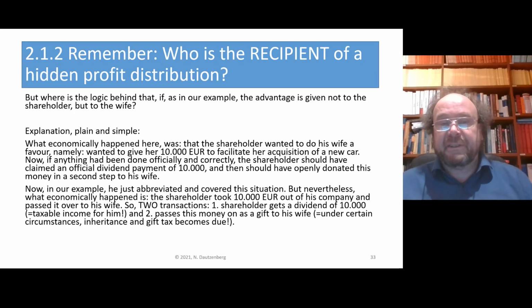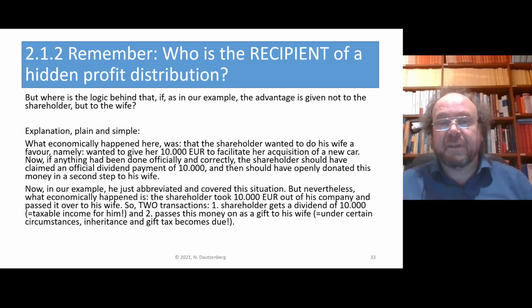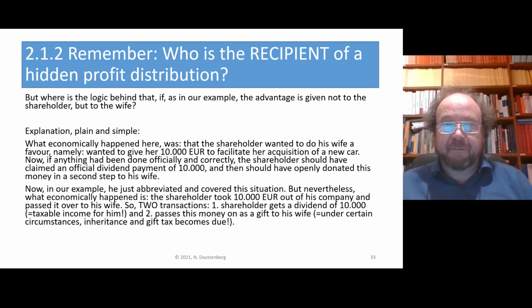And so indeed, if we reconstruct what economically lies behind that hidden maneuver, two transactions. Again, the market-conformed transaction: the company should have sold the car for 20,000 to the wife. And we proceed as if that happened this way. And then 10,000 have been passed on to the shareholder, and the shareholder has given that 10,000 to his wife.